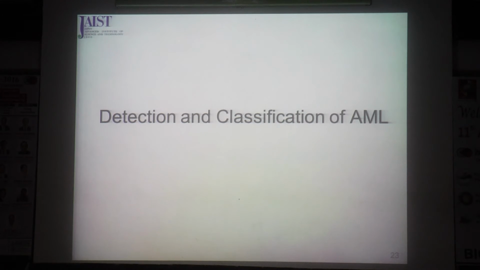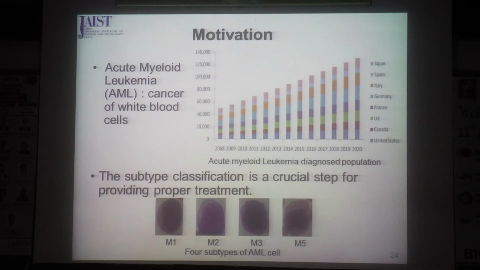Okay, now time is limited, so let me move on to the next topic, on detection and classification of AML. As you know, acute myeloid leukemia is one of the serious diseases for humans, and AML, the abbreviation of acute myeloid leukemia, is simply speaking a cancer of white blood cells.